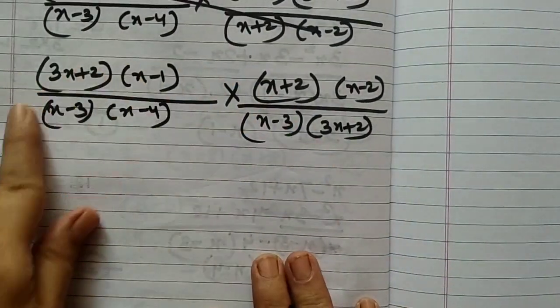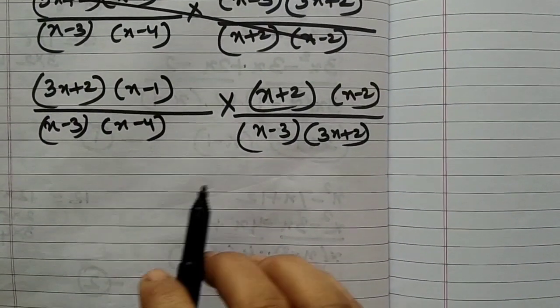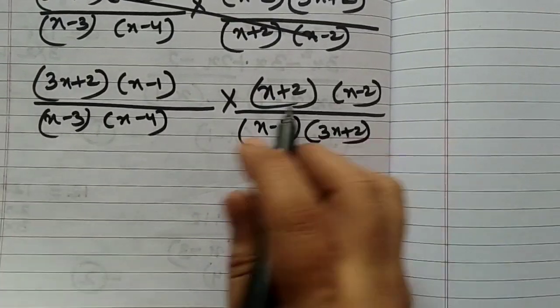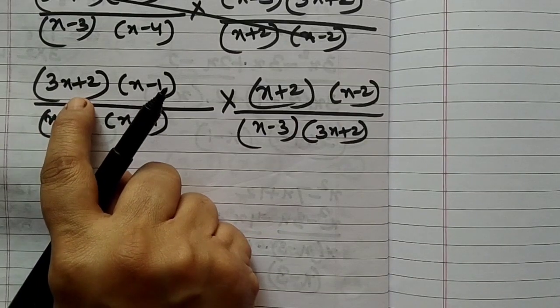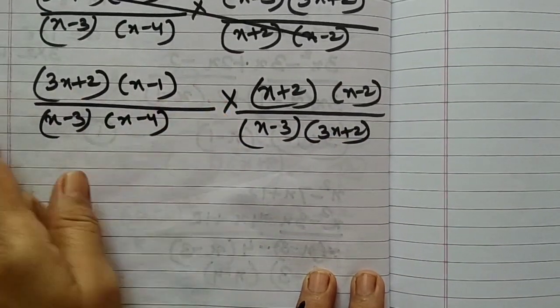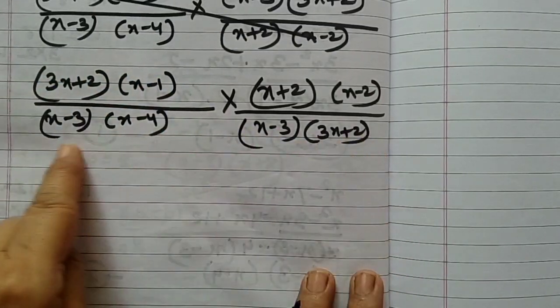Now let us find out what is common. As I told you, cancellation has to be done as a whole bracket. You cannot cancel x like that, so the whole bracket will get cancelled. Now here 3x plus 2, do we have a 3x plus 2 in the denominator anywhere? Because there is a multiplication sign, we can cancel any of these terms with any of the denominator terms.